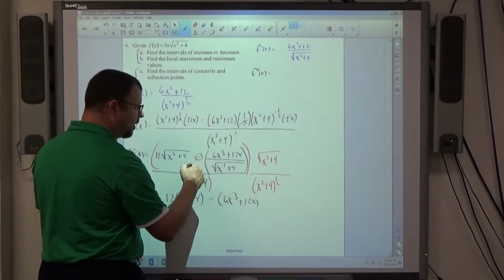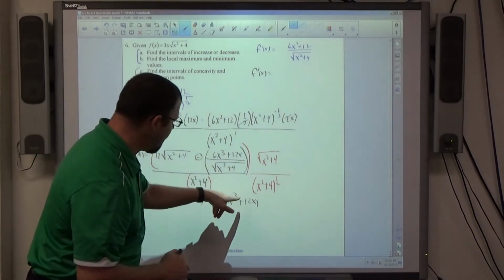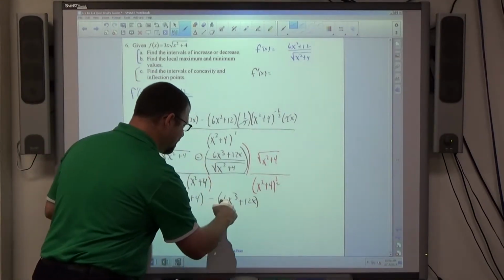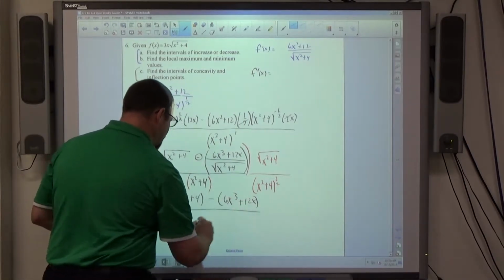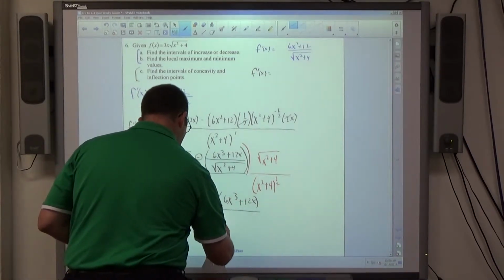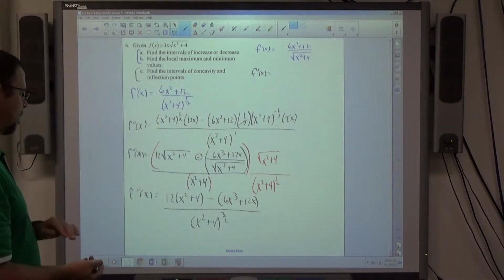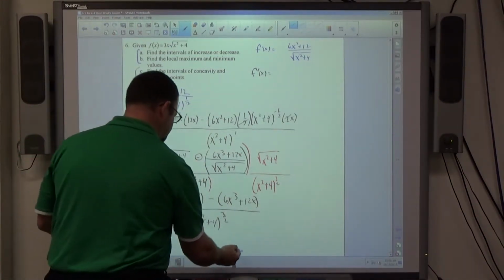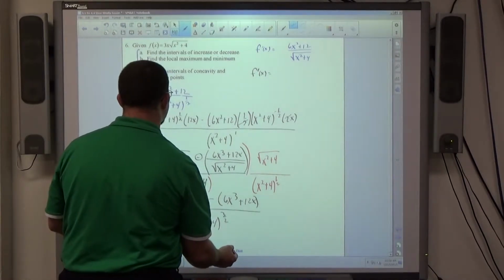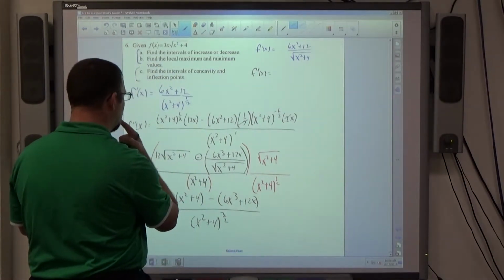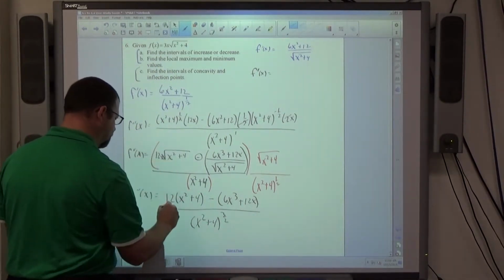It's being subtracted, so we're subtracting the entire thing. So minus this and minus that. All that goes over x squared plus 4 to the 3/2 power. And then what's left to do is to simplify as much as we possibly can. So, you know what, I left an x off of here.